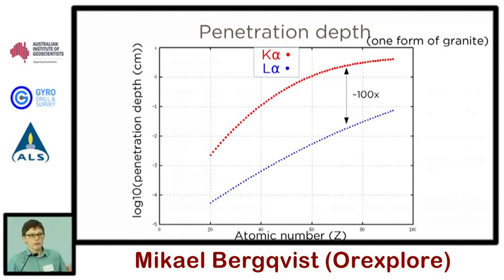If you have excited some of these atoms inside the core with the gamma rays, there is a 100 times deeper interaction depth, for instance in the region of some of these precious elements like gold, platinum, iridium, and so forth.